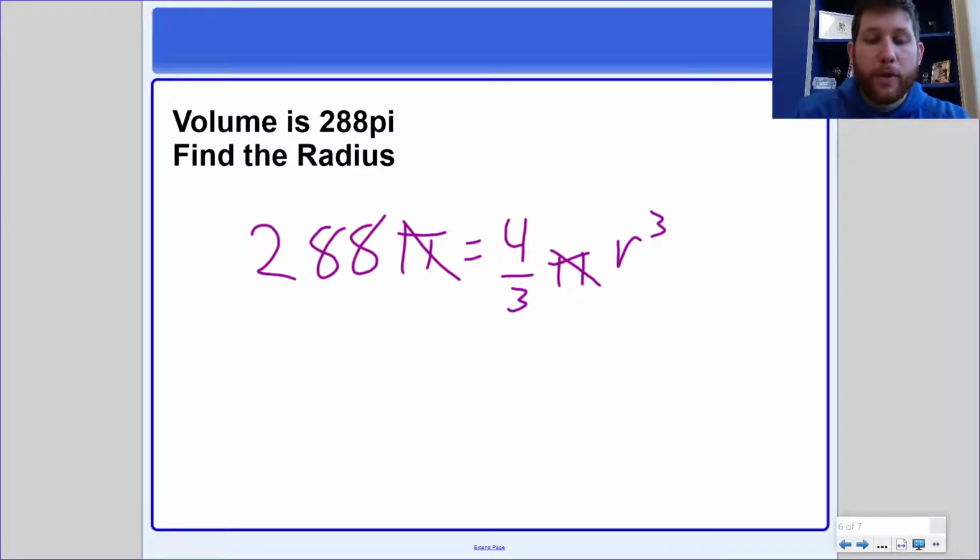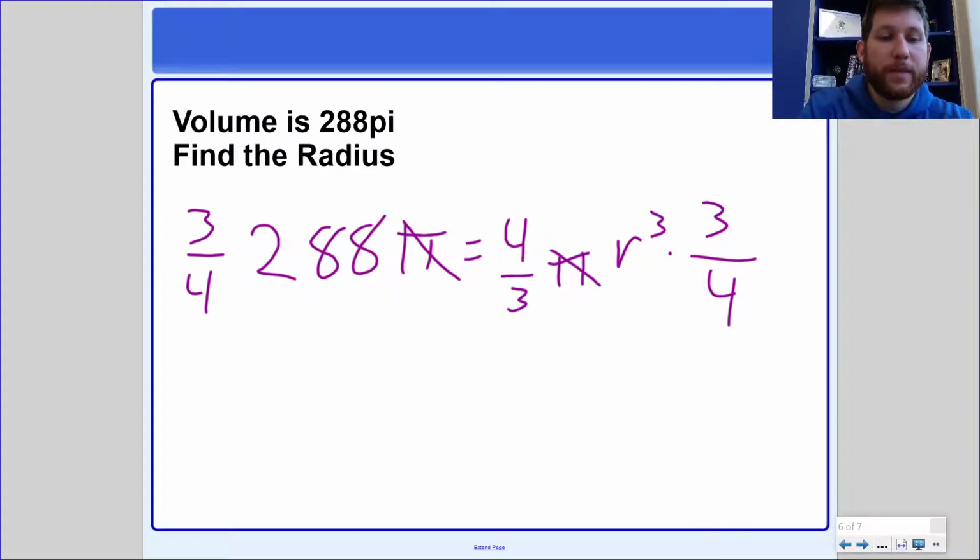And then for the 4/3, I'm going to multiply both sides by the reciprocal. Remember, reciprocal is a fancy word for a flipped fraction. So I'm going to flip the fraction upside down. The 4s will cancel out, the 3s will cancel out. So let's do 288 times 3 divided by 4, and we get 216 is equal to r cubed.